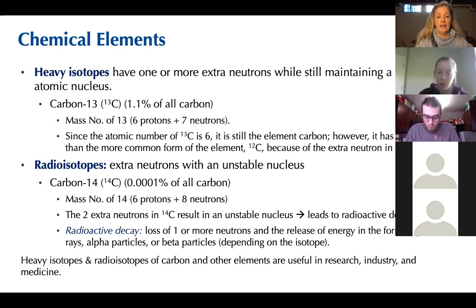So let's say I put something that had a radioactive nitrogen in it, okay? Let's say I had a radioactive nitrogen and I put it in my microbes, and then I gave it to a person or a lab rat or something. And where do you think in the body radioactive nitrogen might show up?